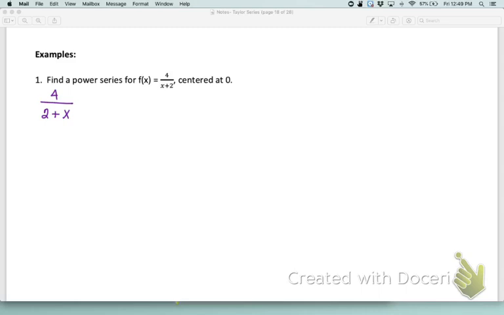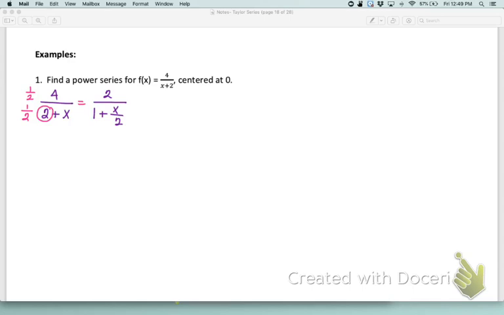Now what I'm going to do, because again, like I said, I always start by tackling this first, I need that to be a 1. So I'm going to multiply again by 1/2 over 1/2, which is really just 1. So we're allowed to do that. And that gives us now 2 over 1 plus x over 2. And so that's real close.